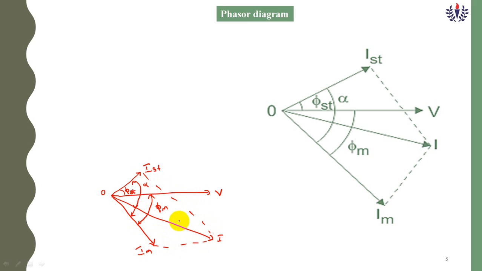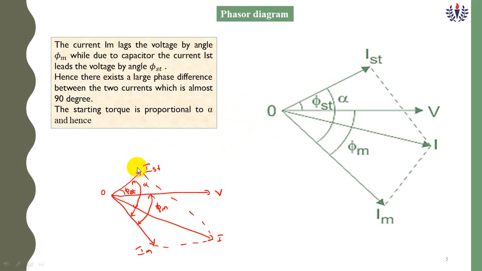This is one of the 3-mark questions in your internal examination, as well as in the objective type. I will show this diagram and ask you to identify the angle between IST and Im. It is alpha. Alpha is the angle between IST, the starting current, and the main current, that is, starting winding and main winding.